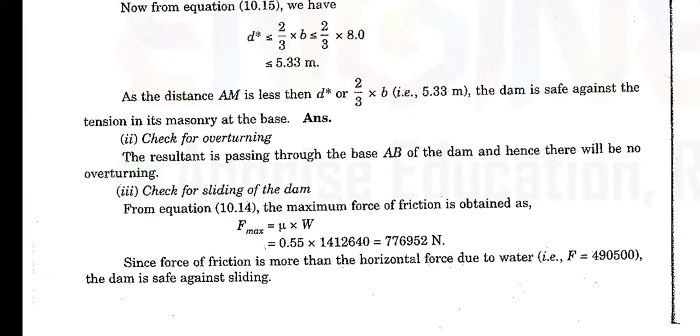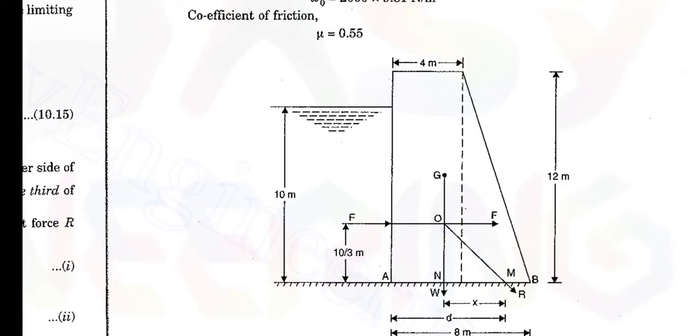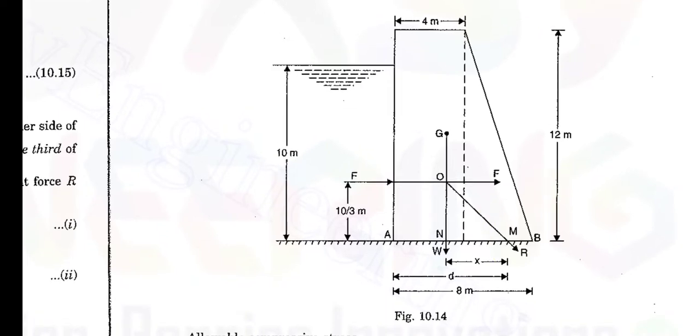Then check for overturning. You have to check that the resultant should pass within the base. That is, in the diagram, the x distance should be less than the NB distance.